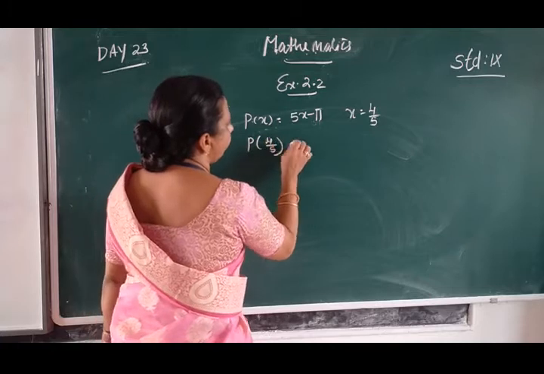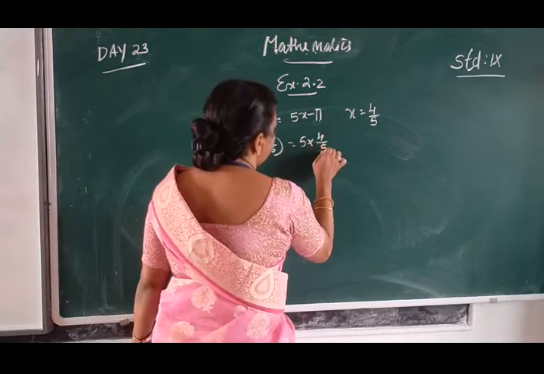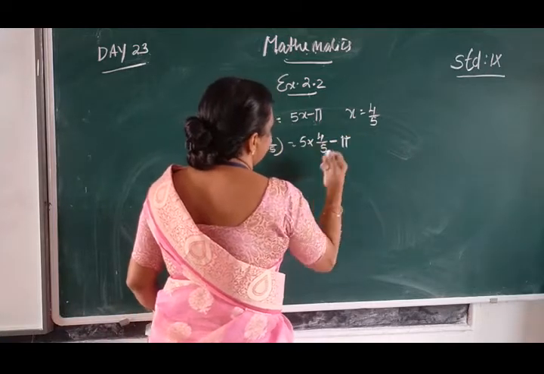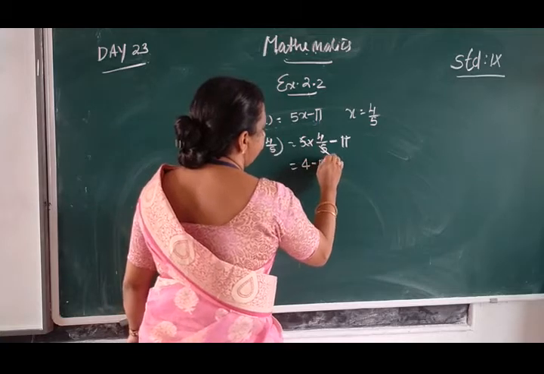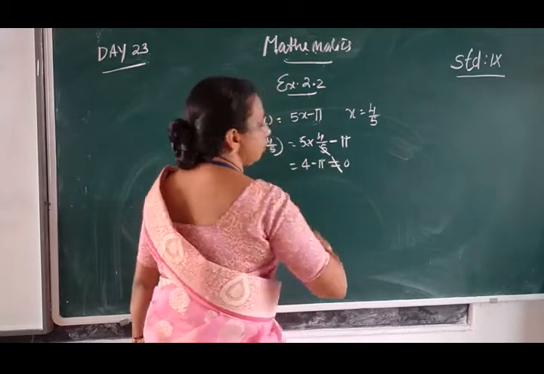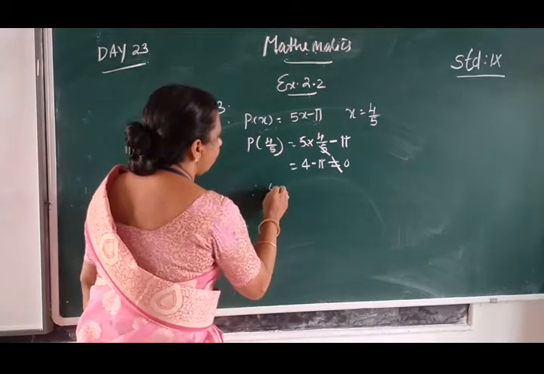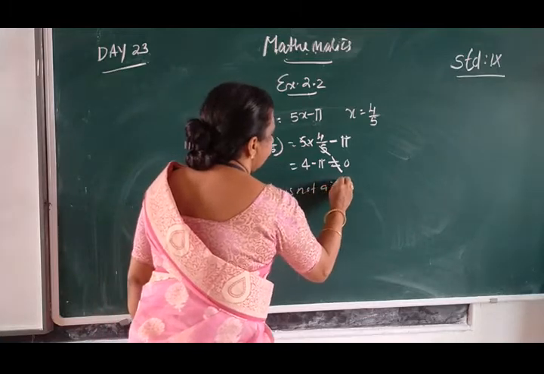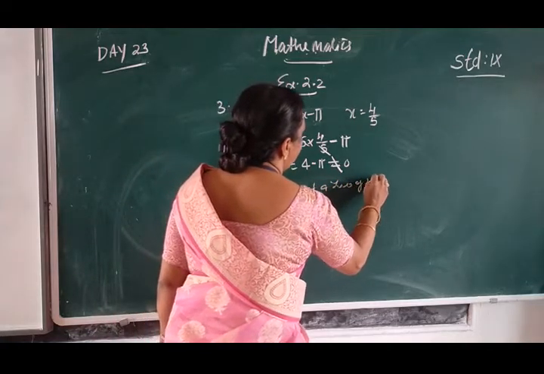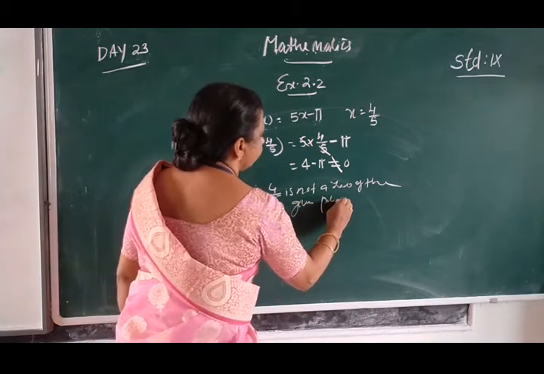P of 4 by 5 we get 5 into 4 by 5 minus 5. 5 cancelled, we get 4 minus 5, that is not equal to 0. So we can say that therefore 4 by 5 is not a zero of the given polynomial.